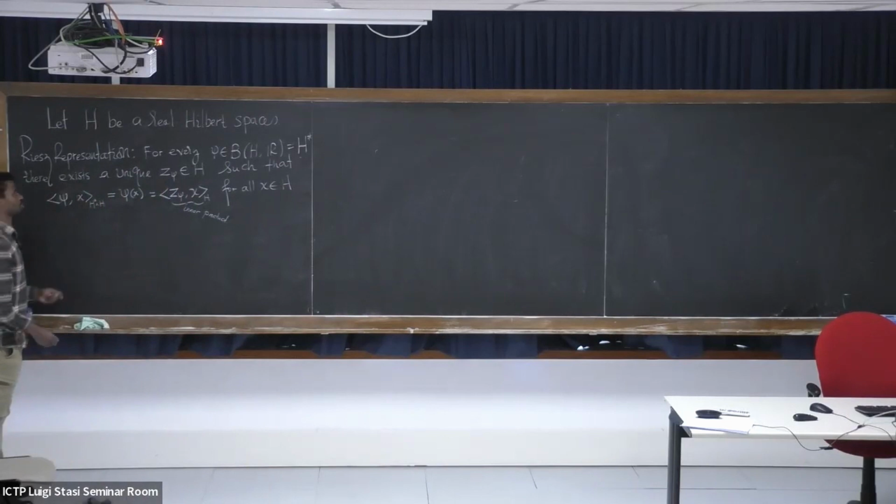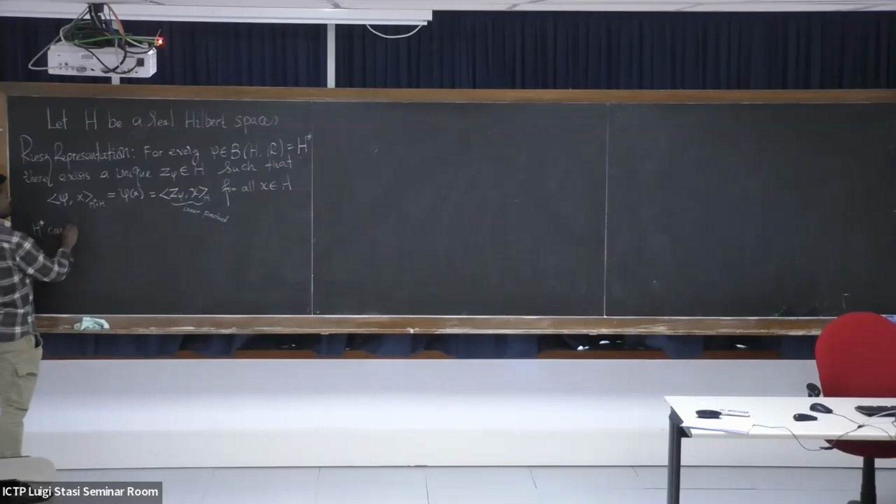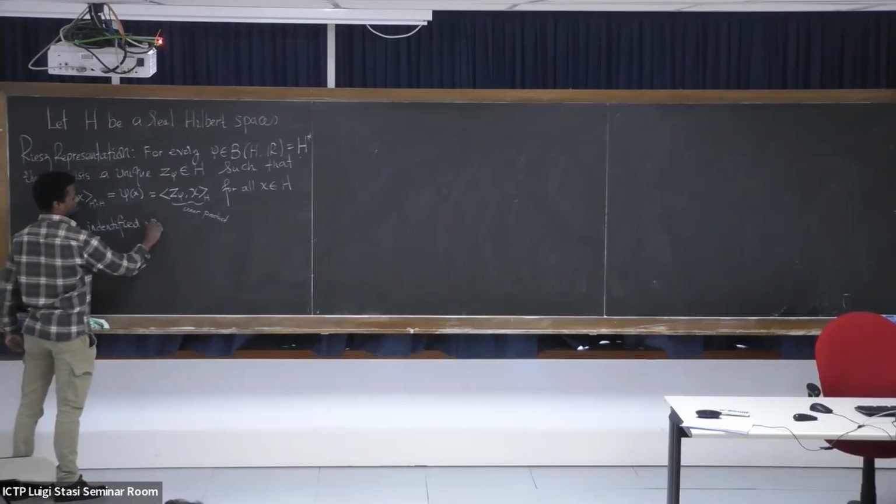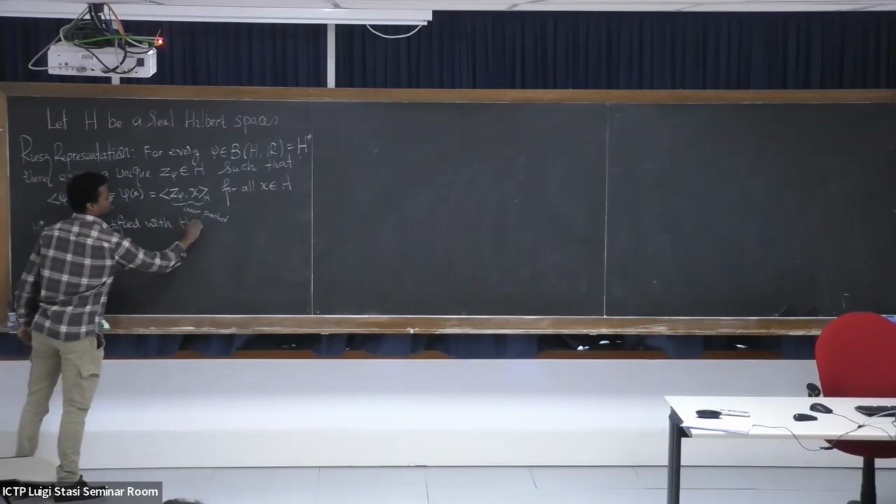Additionally, because of this, H, the dual space of a Hilbert space, can be identified with H itself.